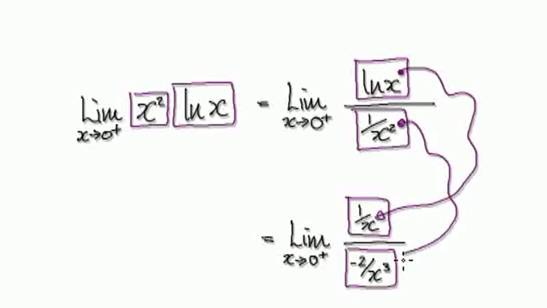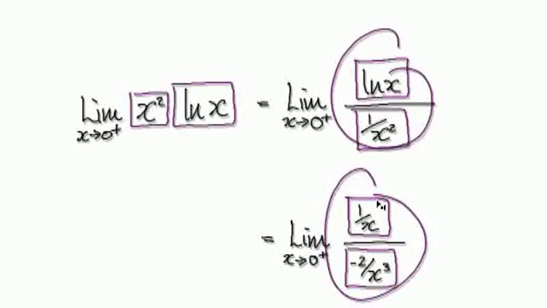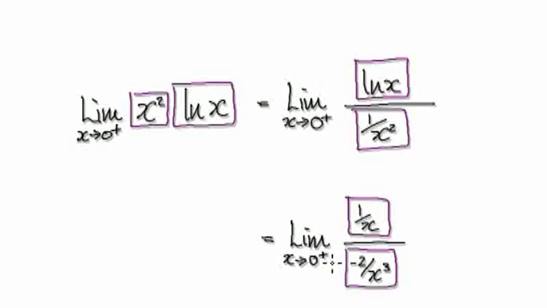Differentiate this, that will give you this. So now from here, that will take you to here. Here you could plug this in, but let's tidy this up first. Here you've got one block divided by another block. You could differentiate this and then differentiate this, but let's just tidy this up first.